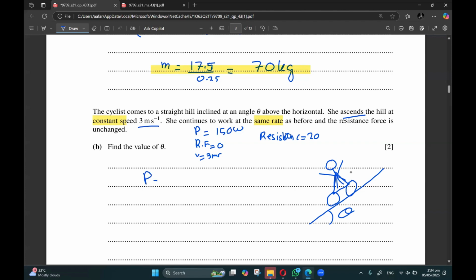We know that P is equal to F times v. P is 150, so F we need to calculate, and velocity we have 3. The driving force is basically 50 Newton. So it's getting a driving force of 50 Newton.